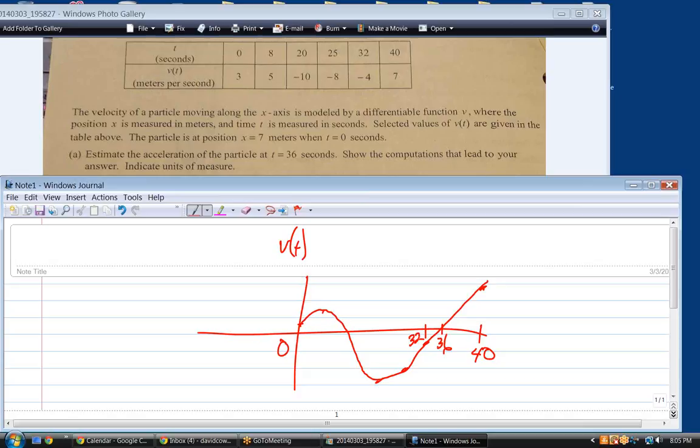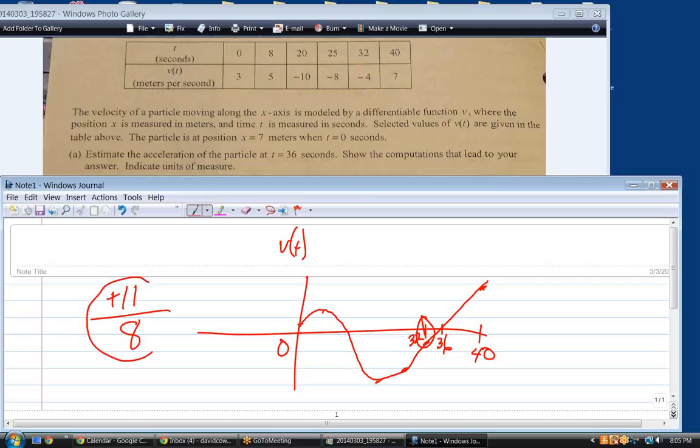So what I really want to do is measure the change from 32 to 40, and it's equidistant between both. So from 32 to 40, I'm gaining 11. I'm going from -4 to 7. So the average rate of change is 11/8, which is, the bottom is 40 minus 32, the top is 7 minus a -4.